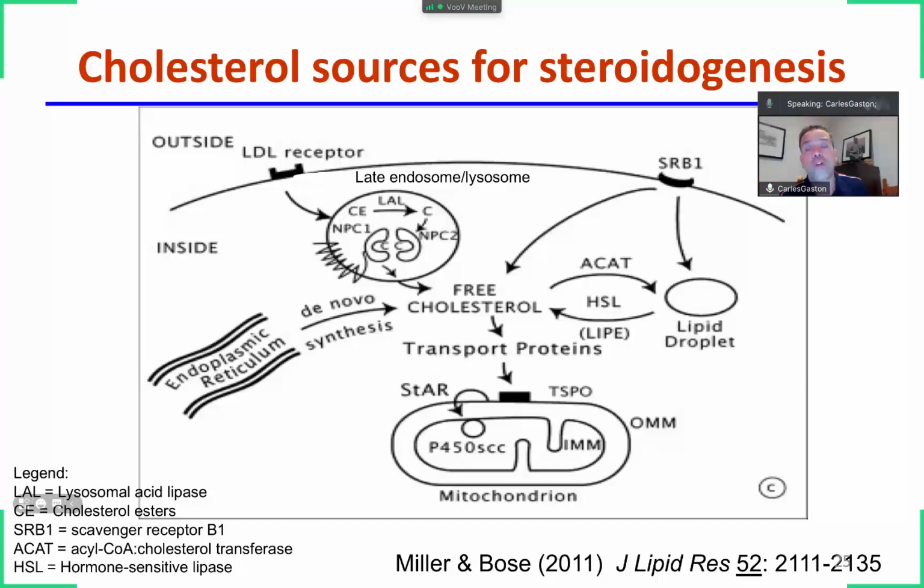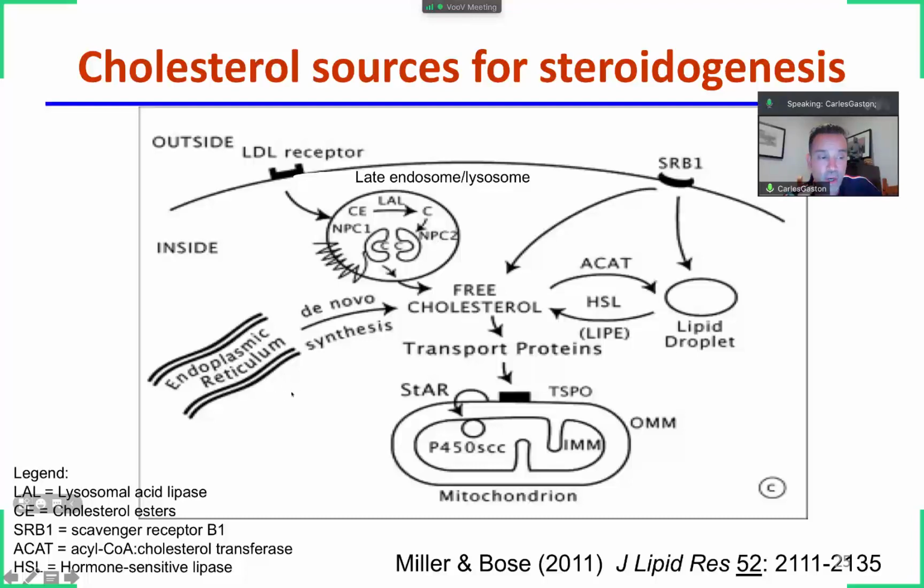So the cholesterol is in the blood and has a receptor, and it's internalized, as we showed, by endocytosis, forming this vesicle that you've seen in the video. Then the cholesterol is released as free cholesterol, and this cholesterol will go into the mitochondria using a molecule which is called the translocator protein, or TSPO.